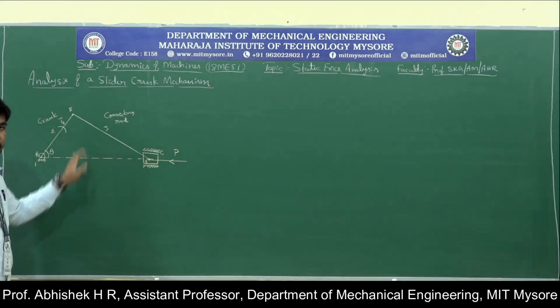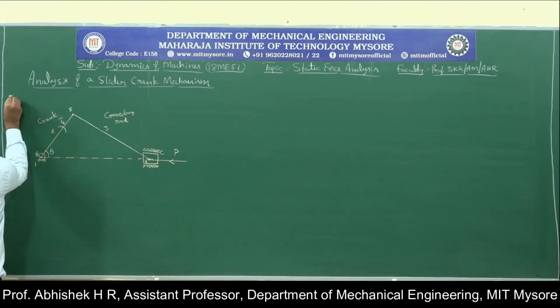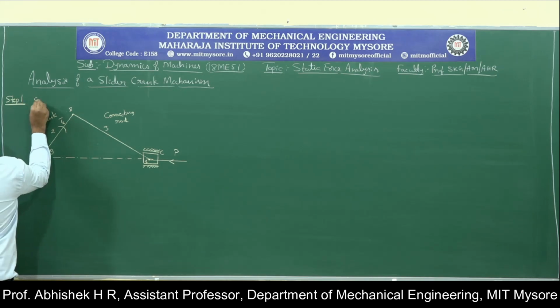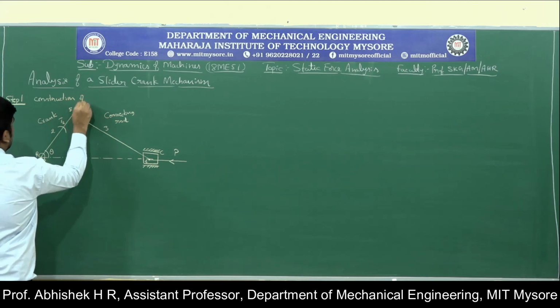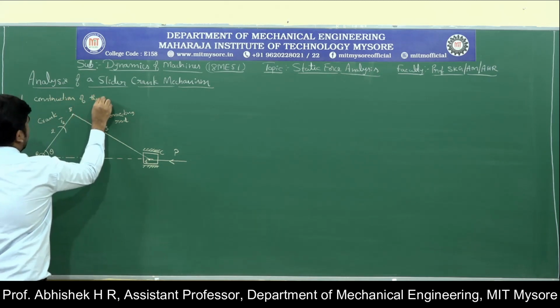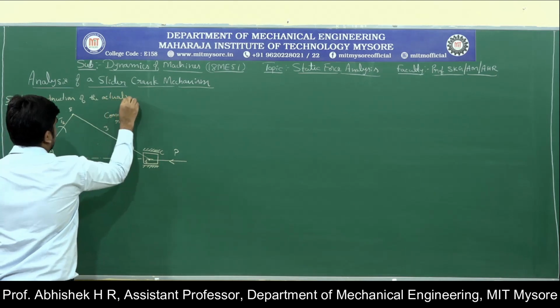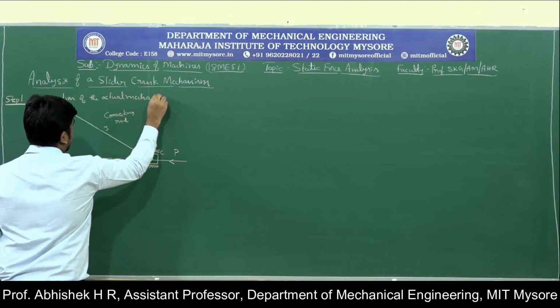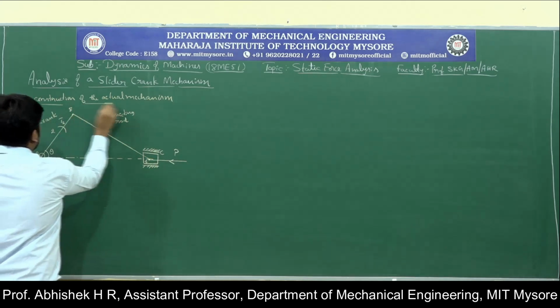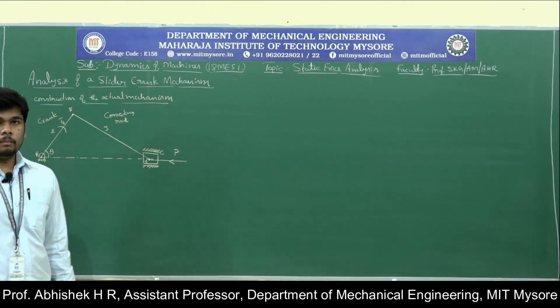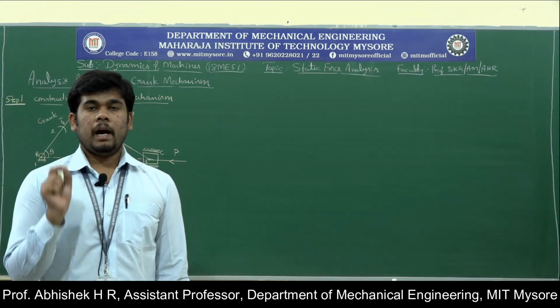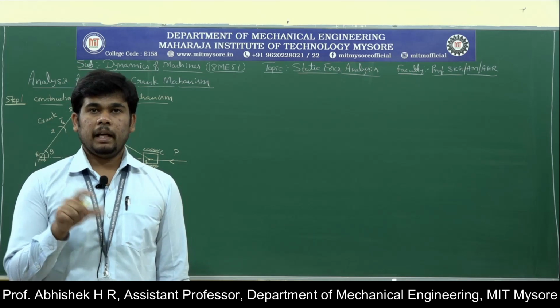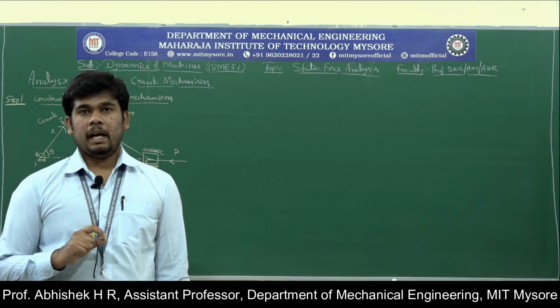In the problem, they will mention the distance as well as the angle. Using those parameters, you have to construct the slider crank mechanism. So this is our first step, step number 1: construction of the actual mechanism. In the problem, they will give a rough sketch and the distances between A and B, B and C, and A and C also.